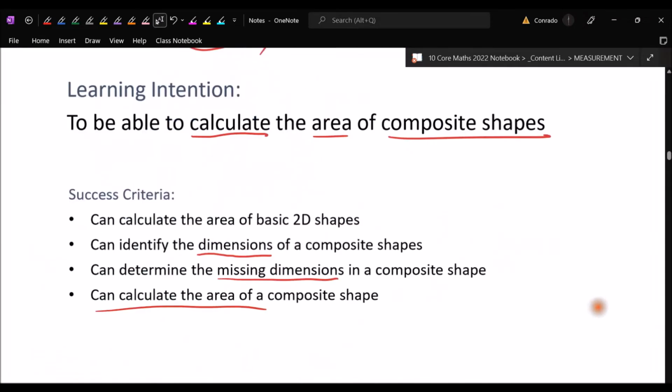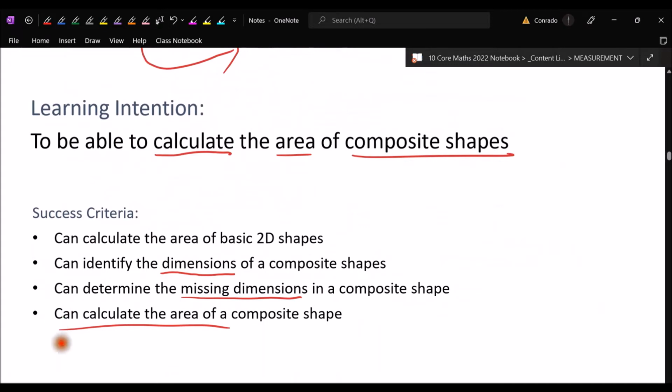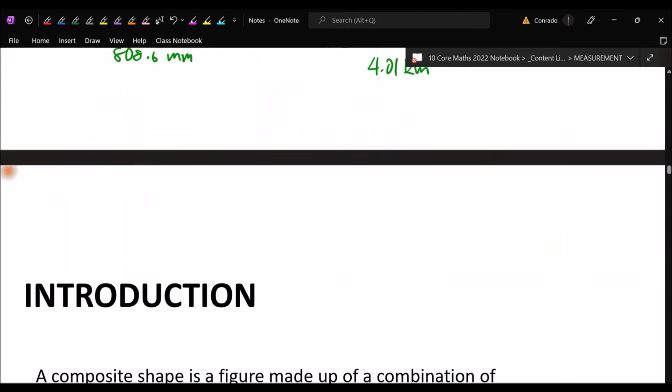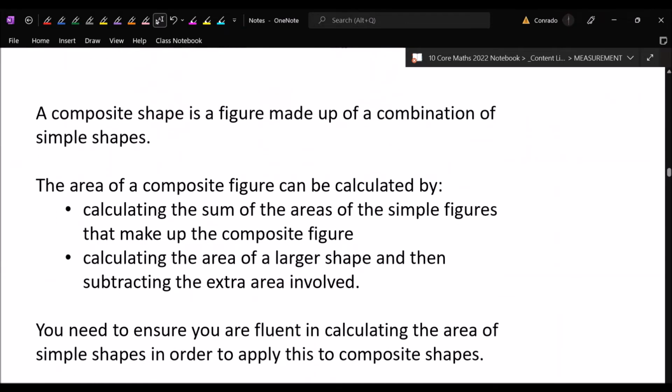Make sure you're listening. So at the start of this session, we looked at trying to understand area and composite. If you put those two words together, it's all about finding the area of shapes that are put together. So a composite shape, if you gave it a definition, is basically a combination of simple shapes. That's all it is.